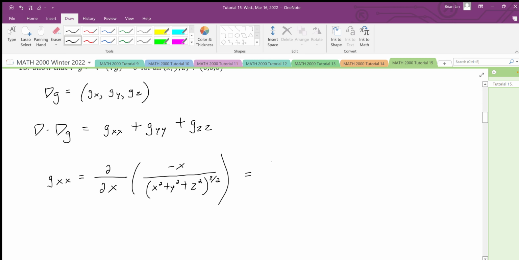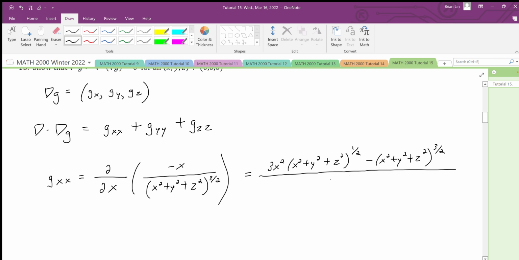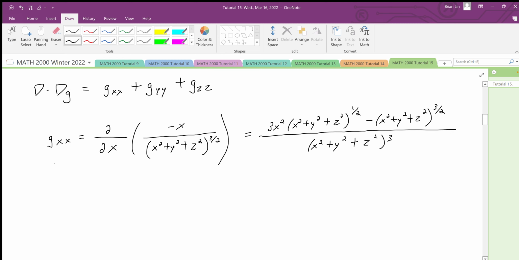So after some simplifications, we get this, all over the bottom squared, so it's power 3. So if we have that for gxx, then gyy is going to look much the same, but instead of an x at first, you see a y. Everything else will remain the same.